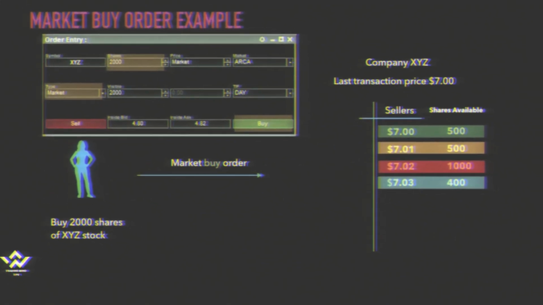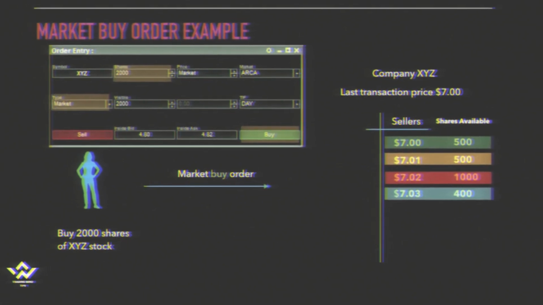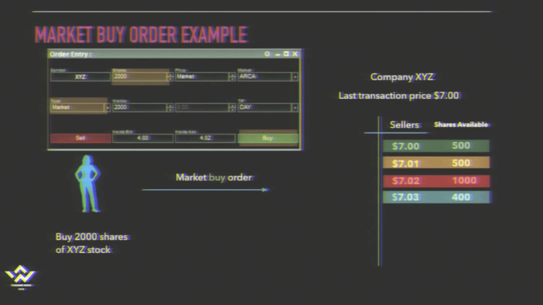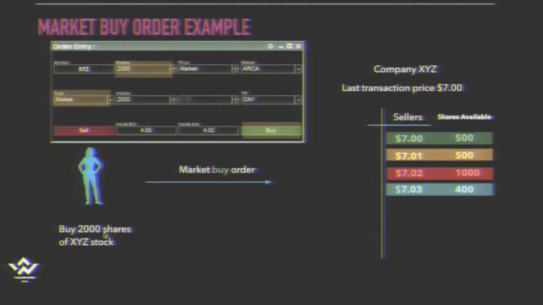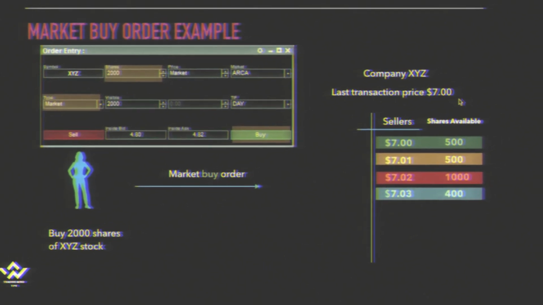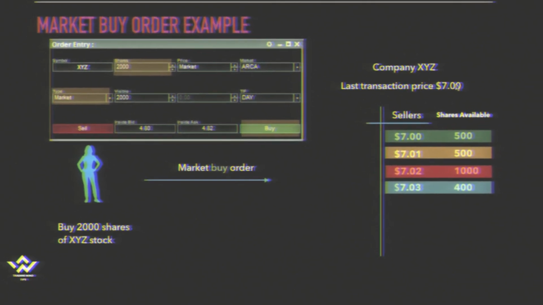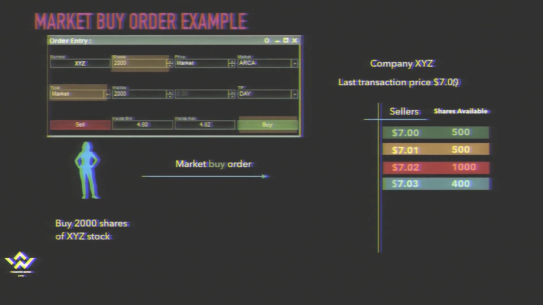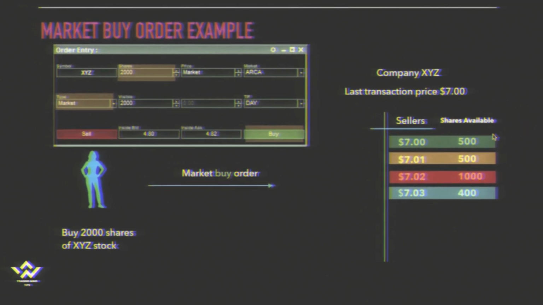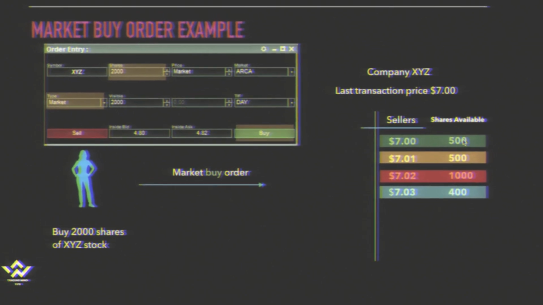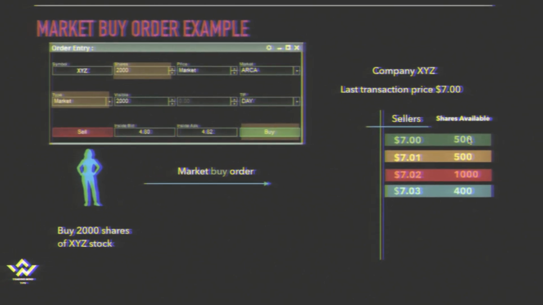Remember, since we are buyers, we have to get shares from someone who is selling. So from our previous example, let's say that you placed a market buy order for 2,000 shares, and at that exact moment, the current price was $7. You may be hoping to get all 2,000 shares filled at $7, but if the best price at that particular moment was $7 and there was only 500 shares available, you would get 500 shares at $7.